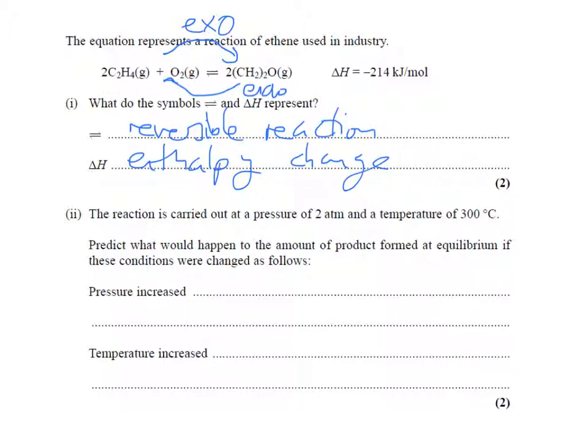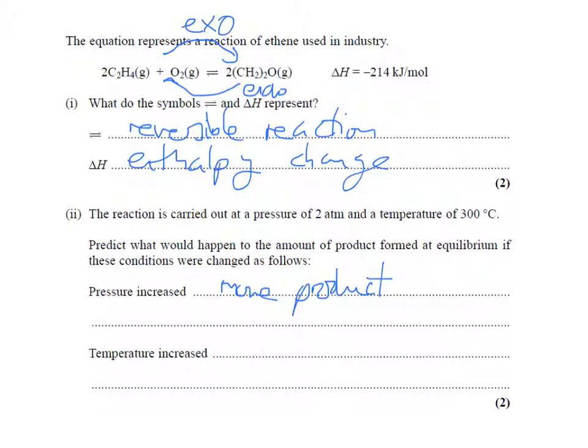On the right-hand side of the equation, we've only got 2 gaseous molecules. So if we increase the pressure, we move to where there are fewer gaseous molecules, and that is the right. Okay, so all the question asks us to do is predict what would happen. So we get more product because there are fewer gaseous molecules on the right-hand side.